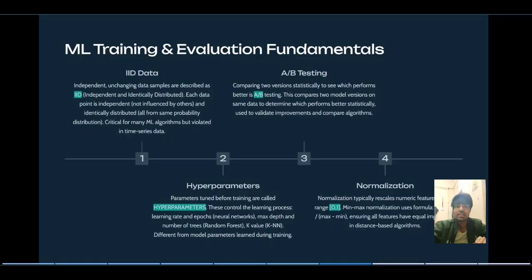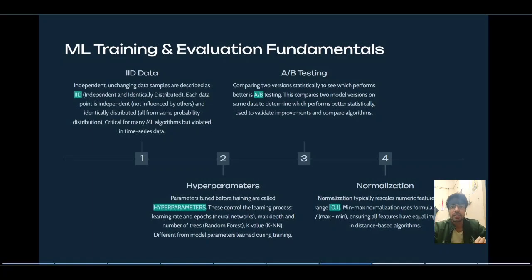It means each data point is independent, not influenced by others, and comes from the same probability distribution. The assumption is violated in time series data, where today's value depends on yesterday's, or in sequential data like text, where word order matters.